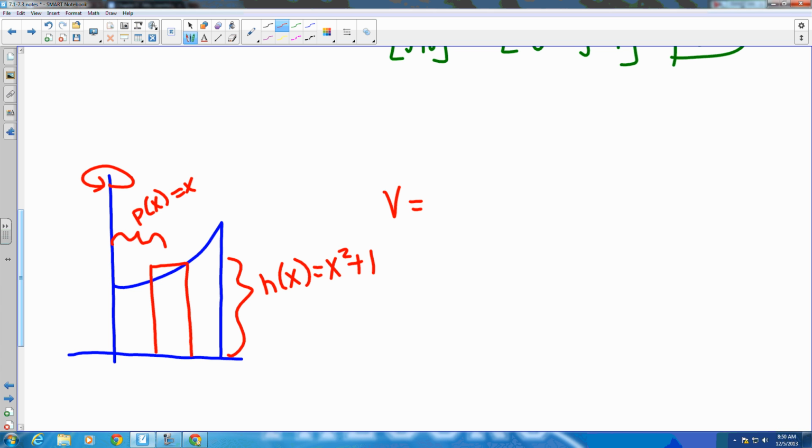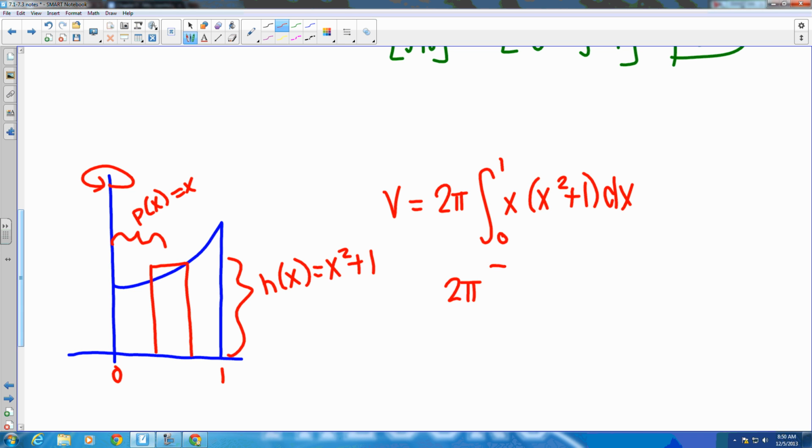The volume of the shell method would be 2 pi from 0 to 1, because we do from a to b, p of x times h of x. Skipping a step here.